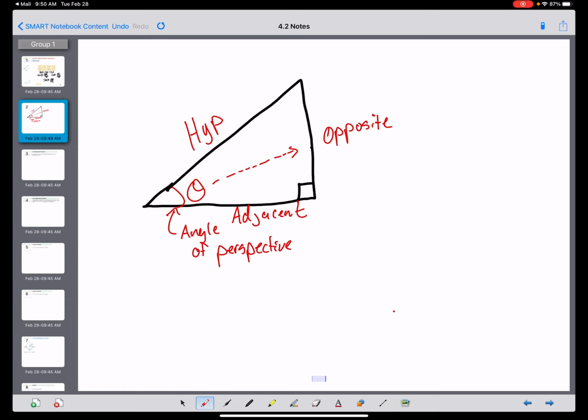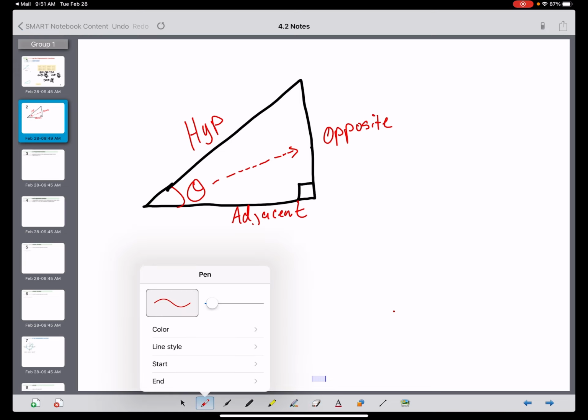All right, so one thing to understand is that when your angle of perspective changes, so does your opposite and adjacent side. So in this same triangle, instead of my angle of perspective being right here, if I say, oh, I want my angle of perspective to be this one right here, this is my new angle of perspective.